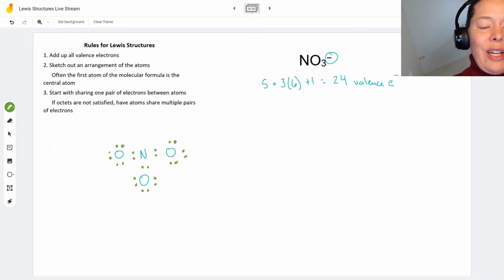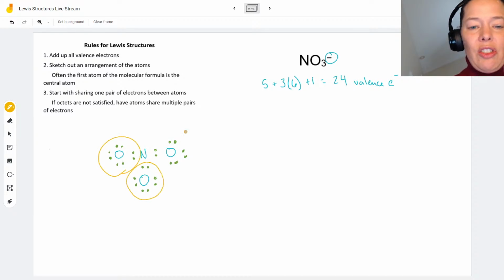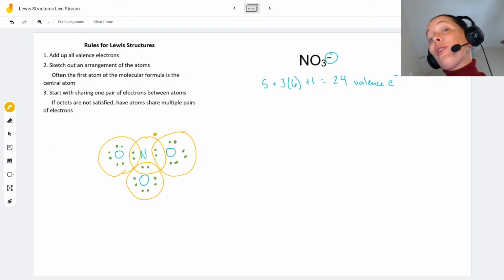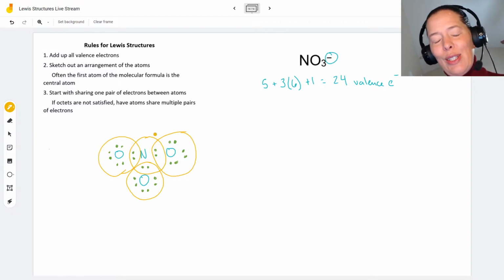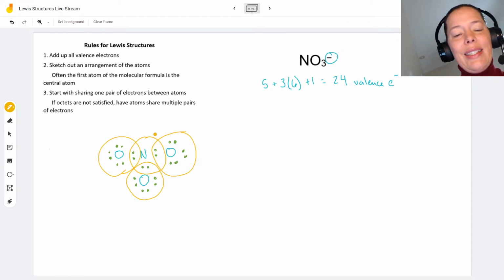These electrons over here got a little messy, didn't they? Okay, it's 24 electrons. Let's check octets. Oxygen is good. Oxygen is good. Oxygen is good. Oh, we were close, weren't we? Nitrogen is no good. Nitrogen only has 6.